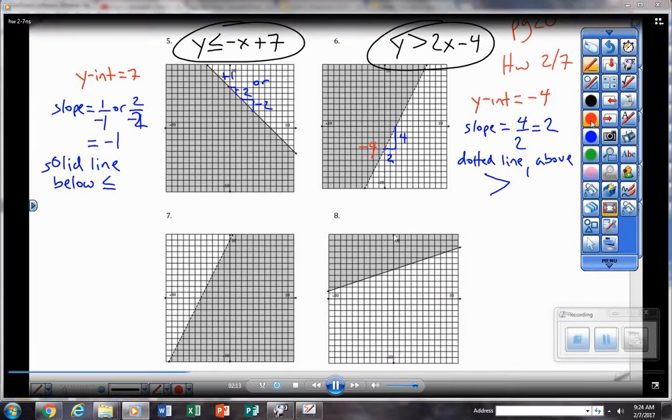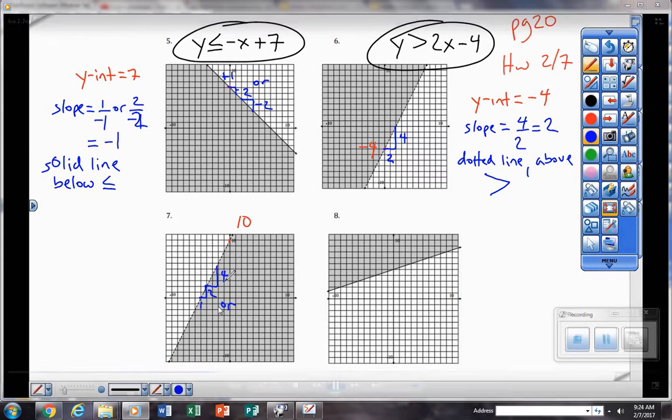Alright, number 7. It has a y-intercept of 10. If I do my slope, connect any 2 points on the line I want, as long as it's on a grid, over 1 up 2, or I could have gone over 2 up 4, or over 3 up 6. Same rise and run proportions would give me a slope of 2.